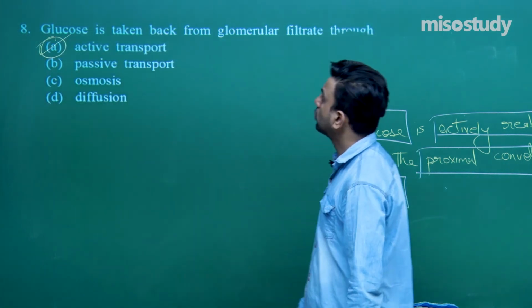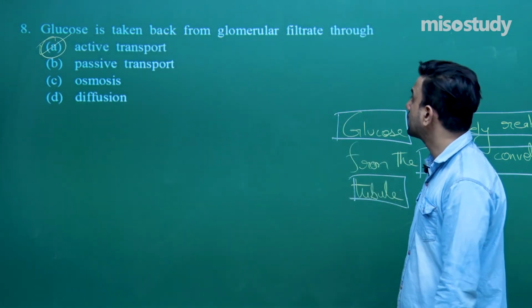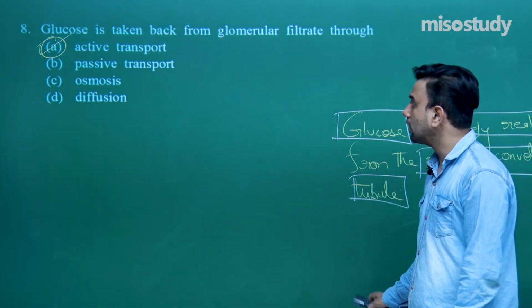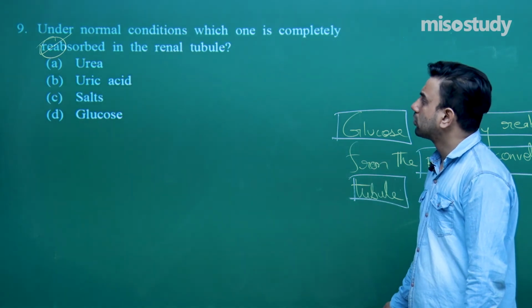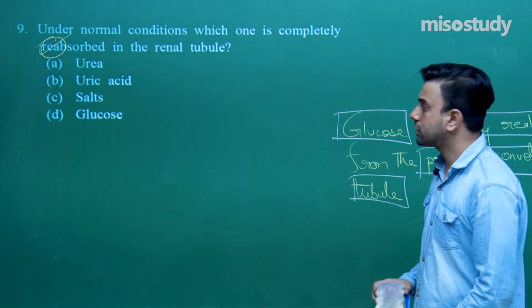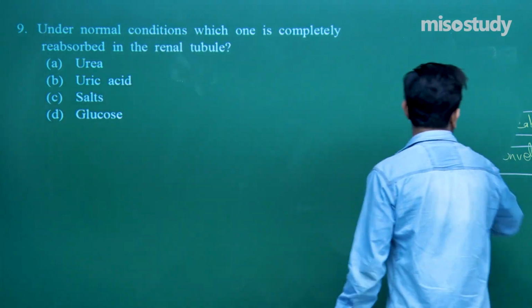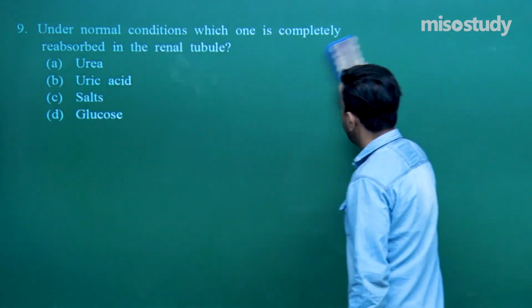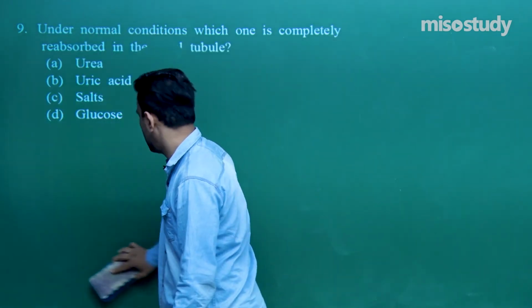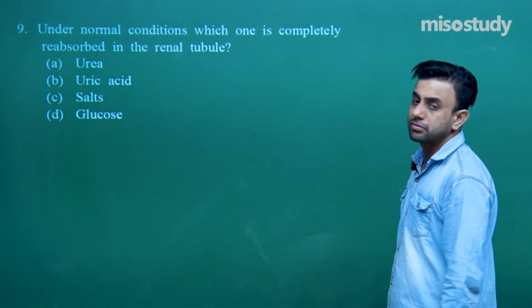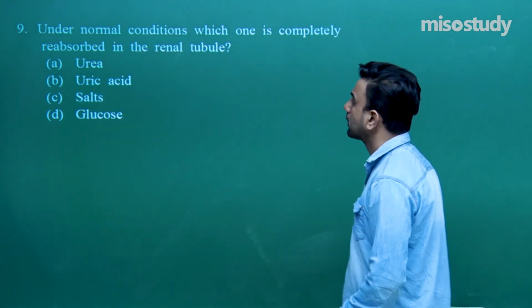So glucose is taken back from the glomerular filtrate through active transport in the proximal convoluted tubule. We come back to this: under the normal conditions, which one is completely reabsorbed in the renal tubule?